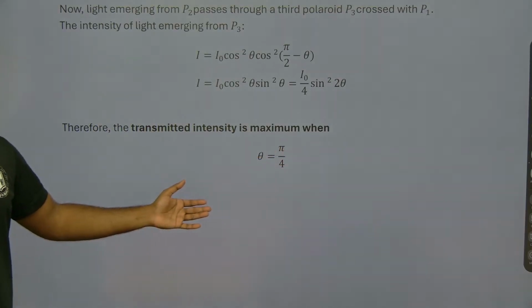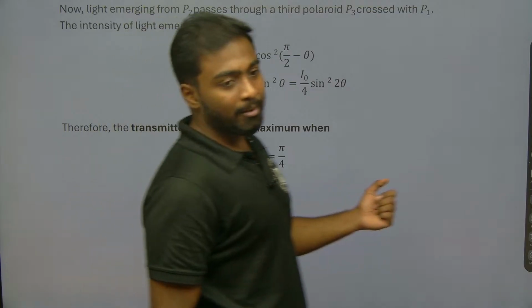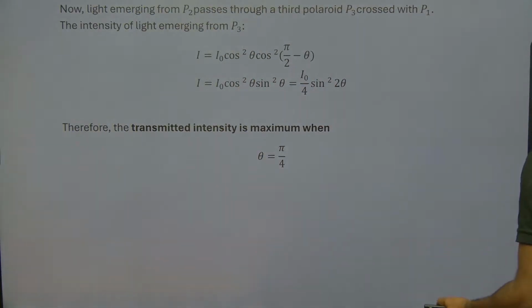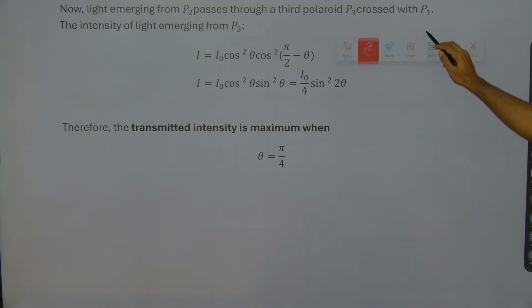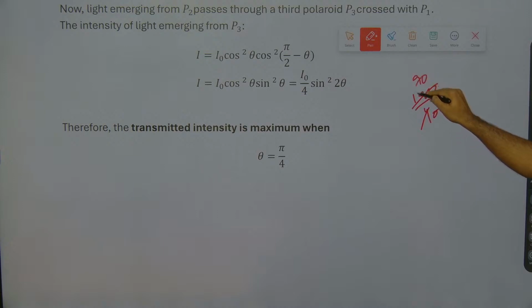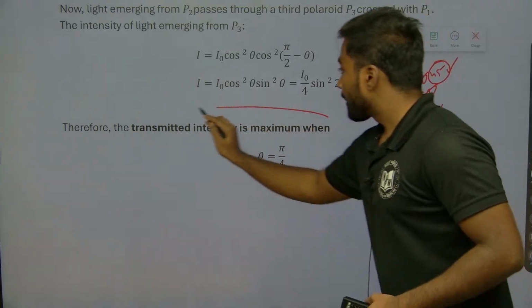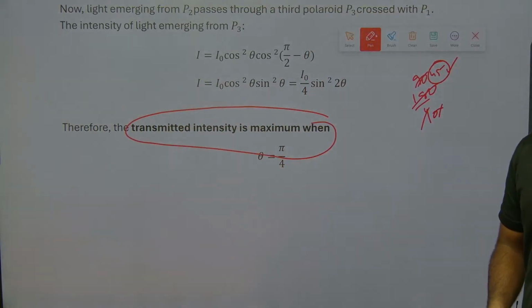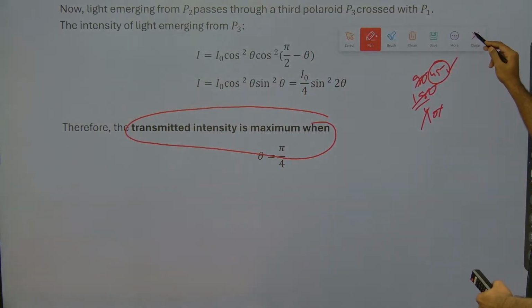What is pi by 4 as an angle? It is 180 by 4, so two times it is 90, so exactly 45 degrees is the maximum.